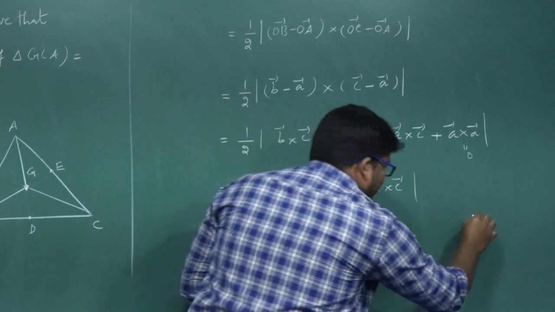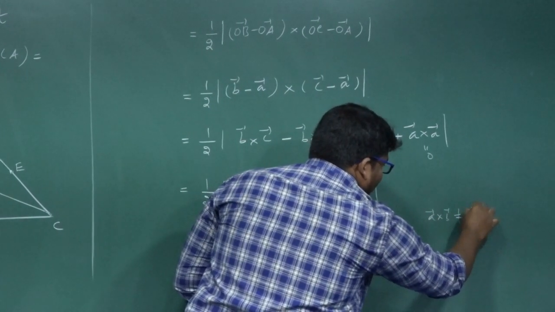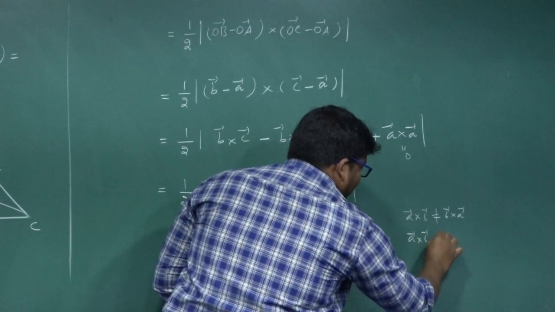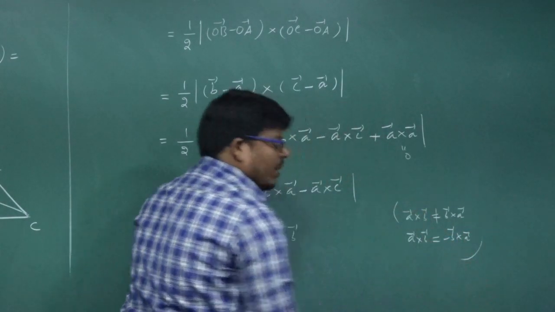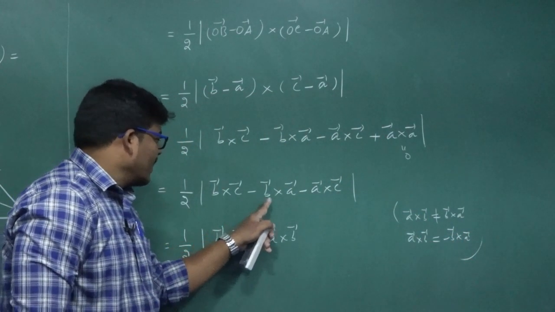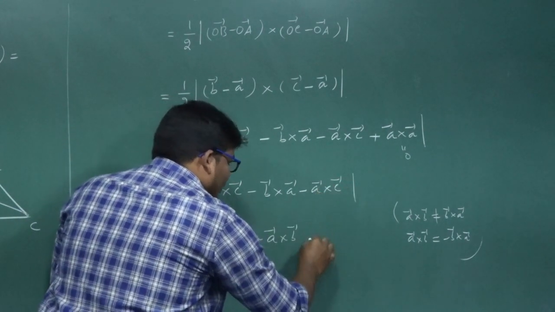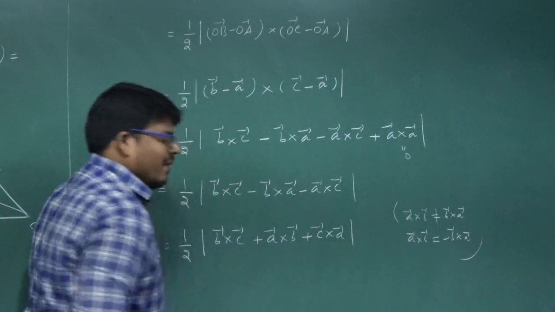Already you know the property A vector cross B vector is not equal to B vector cross A vector, but right here A vector cross B vector is minus of B vector cross A vector by using the property. Next one, minus A vector cross C vector is plus C vector cross A vector.